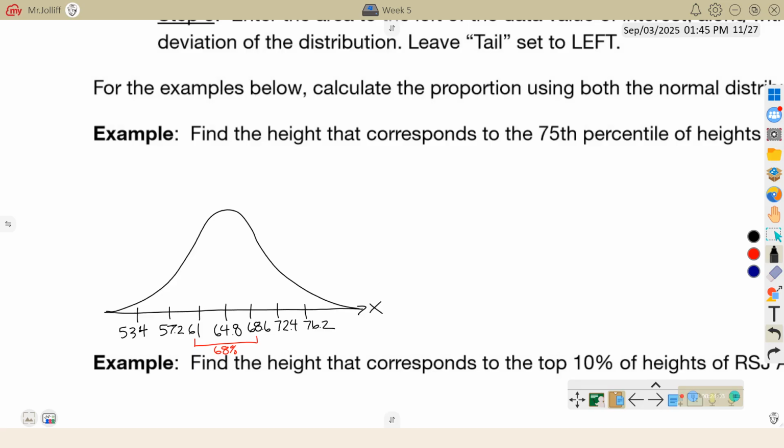Okay. If I've got 68% in the middle, how much do I have left for the tails? The total is 100. 32 gets cut in half.